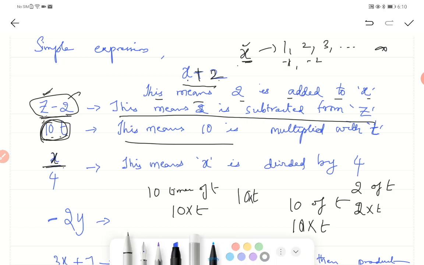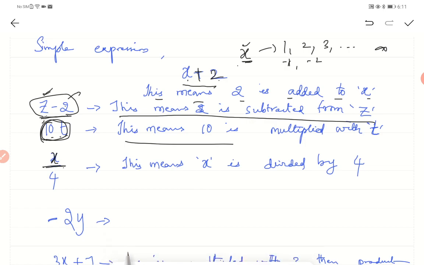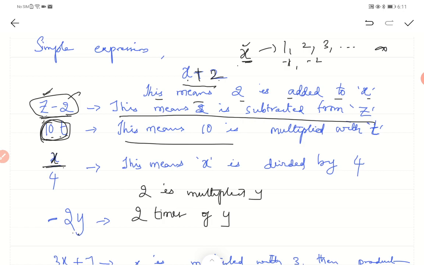These are the statements you need to understand at this stage. So 2y means 2 times of y, or 2 is multiplied with y, or y is multiplied with 2.